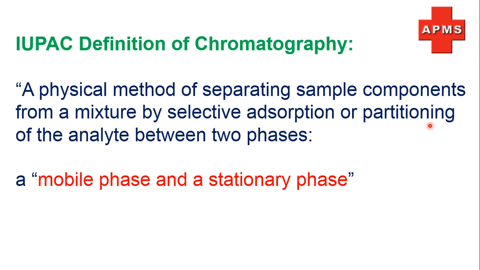These two terms are new here, adsorption or partitioning. Selective adsorption means selective adsorption of sample components. Suppose a sample contains A, B, C, three components, then the adsorption of component A could be higher or lower.